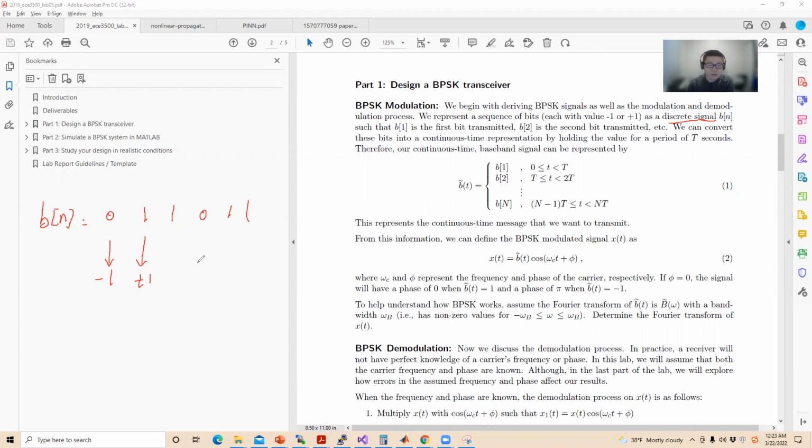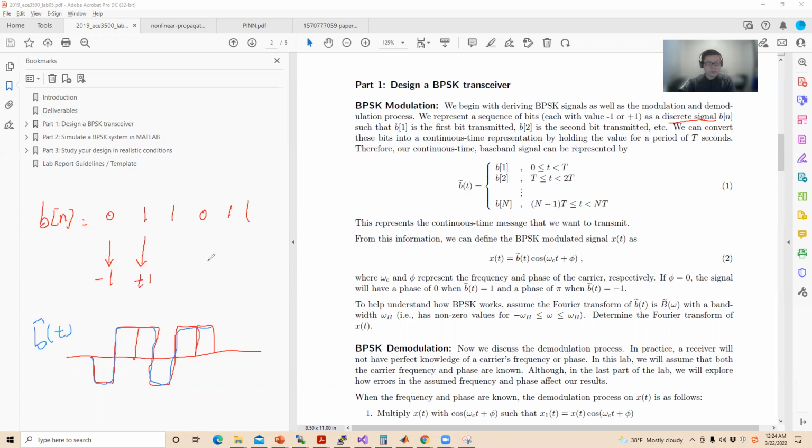For the continuous time signal, every bit occupies T seconds. So you can see this is -1, +1, then +1, -1, +1, positive. This wave is our transmitted continuous time signal, b tilde of t.